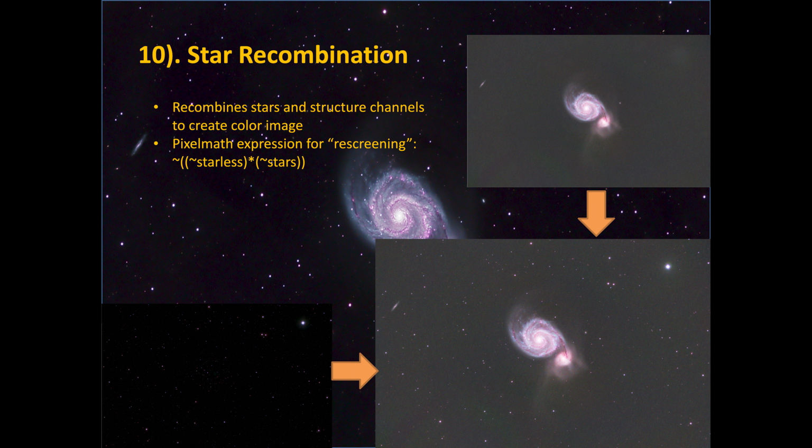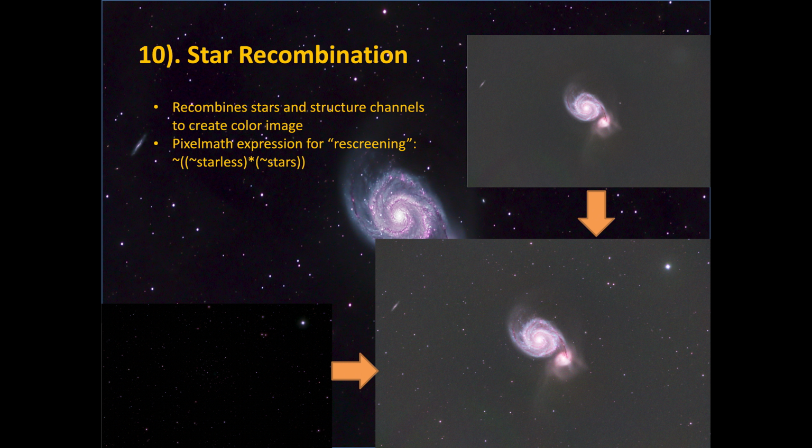One thing that's come up recently with Star Exterminator: there's a toggle called Unscreen Stars. And when you re-add the stars, this pixel math expression that I put there on the last line is exactly the inverse operation that Star Exterminator uses.